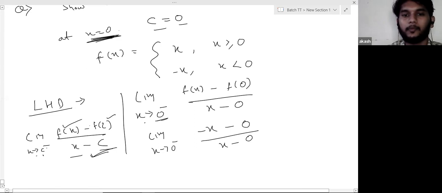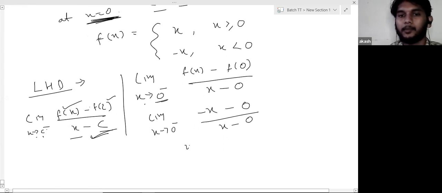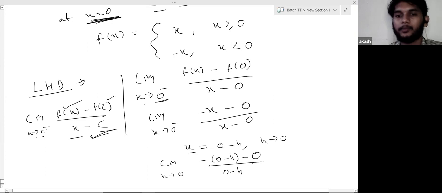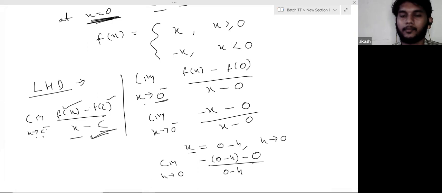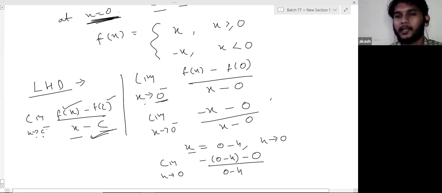To find this limit, you have to put x equals 0 minus h and h tending to 0. So this will be limit h tending to 0, in the place of x we put 0 minus h, minus 0, upon 0 minus h. Yes or no? You can solve the limit directly also, but this is the right way.